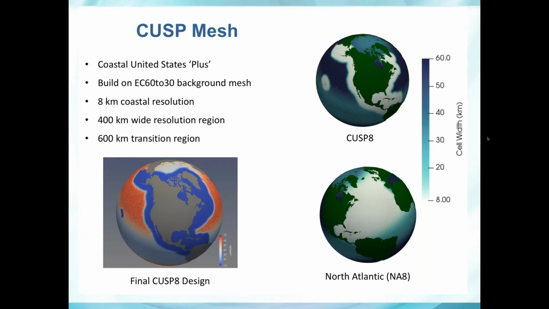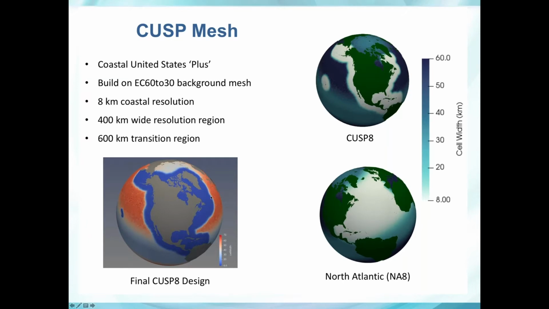And based on the results of this work, as well as the work done by Kevin Rosa, who will speak next, and Leanne, we came to a modified final design for CUSP, which you can see on the left here.